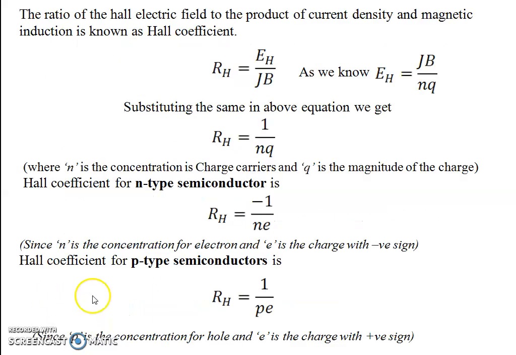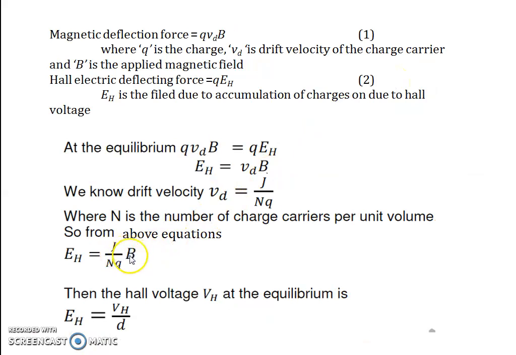Now one more parameter that characterizes a semiconductor is known as the Hall coefficient. The Hall coefficient is the ratio of the Hall field divided by the product of current density and magnetic field. Whatever magnetic field you applied times current density, if you divide E_H by this quantity, that will give you the R_H value. We know E_H from the previous slide: it's JB by NQ.